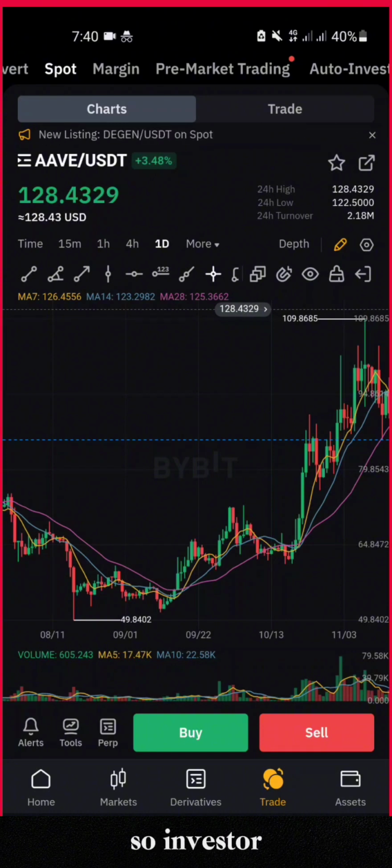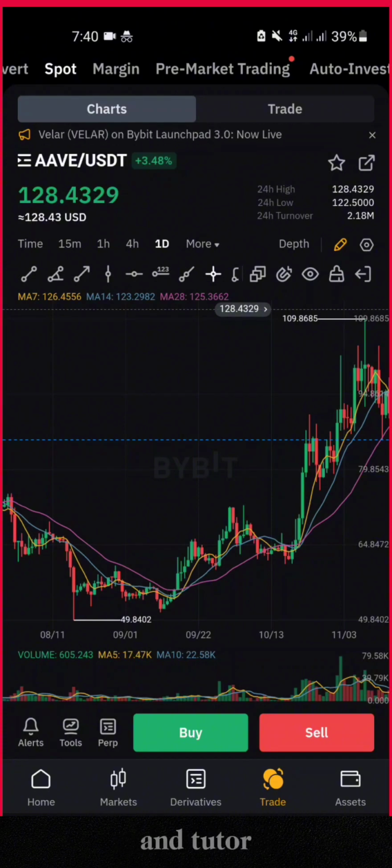An investor doesn't worry about where the market is going. They just buy the token and are done. At the end of the day they gain profit and multiply their capital.